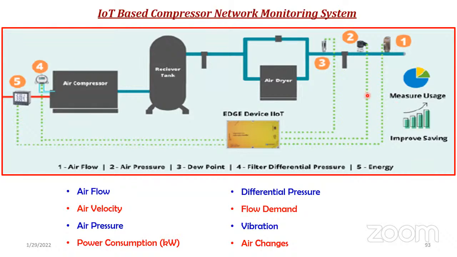Because of the introduction of IoT, blockchain and so many technologies, taking the readings, putting them into the meter, and transferring the data to your mobile phone, computer, server or laptop, and seeing all the parameters there itself is going to have a very big impact. And you can even control from there. You can change the flow, the pressure, the speed of the compressor. That's also possible. So measurement is very important, and that too, online measurement is very important.